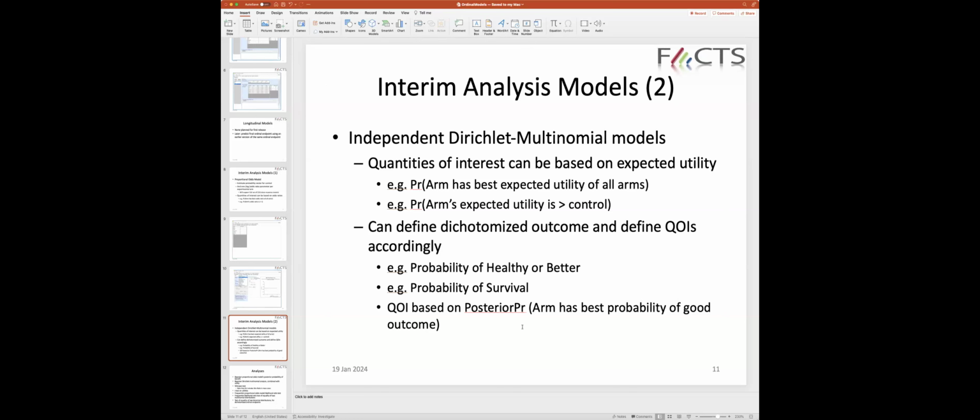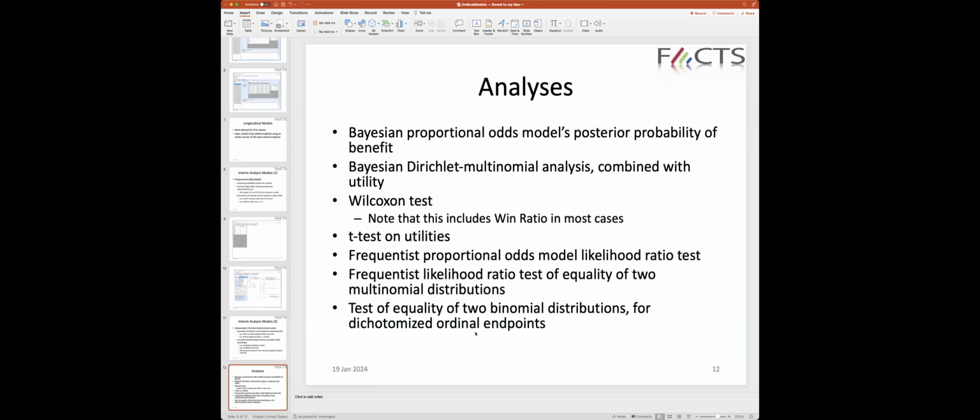So anyway, we would have QOIs based on the posterior probability of an arm having the best probability of a good outcome. So anyway, okay, that's what I intended to say about interim analysis models.